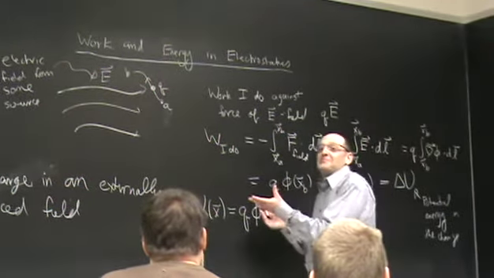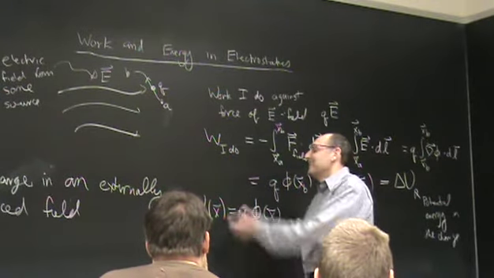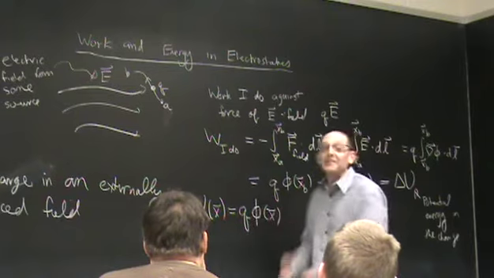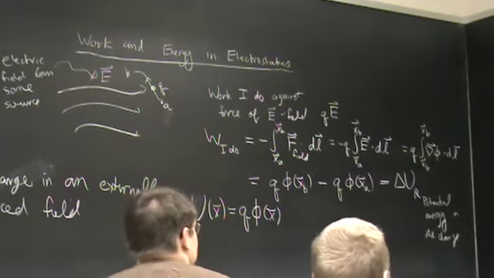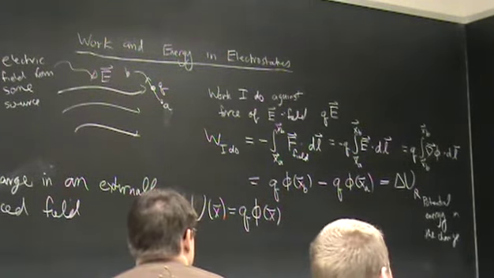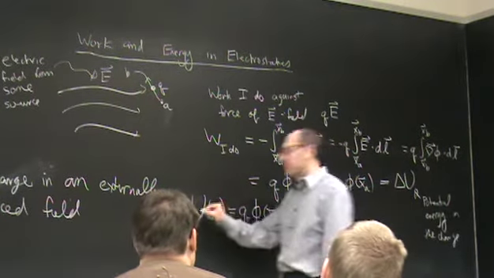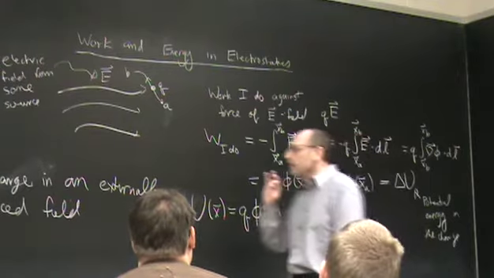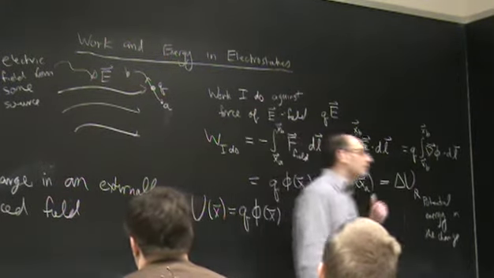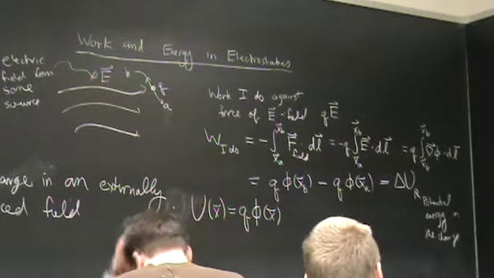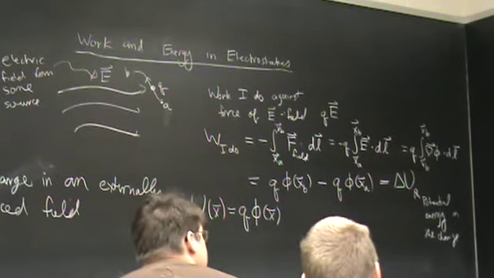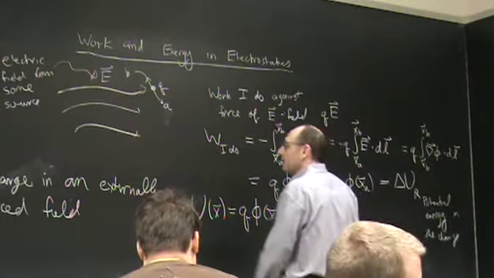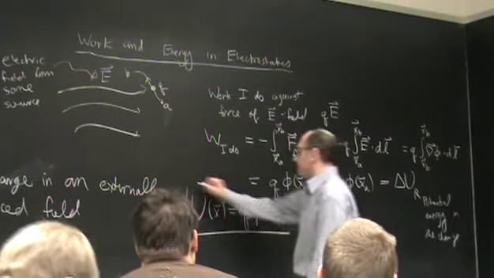In Gaussian, something crazy like statvolts per esu, or ergs. So that's one important notion of work and energy in electrostatics. This is the potential energy.